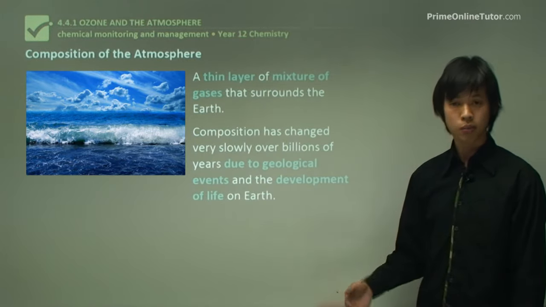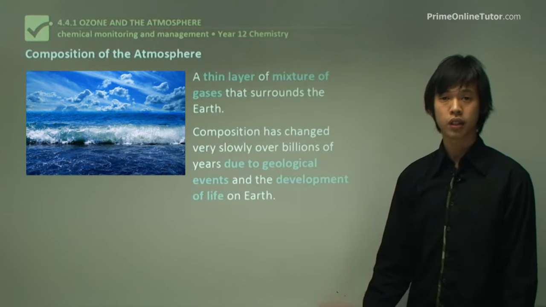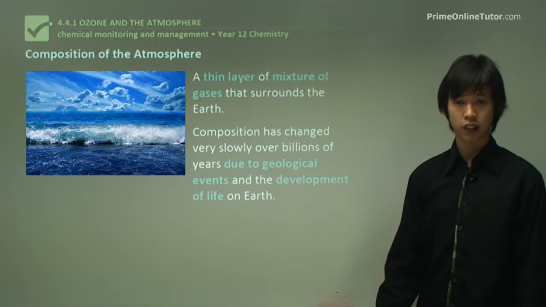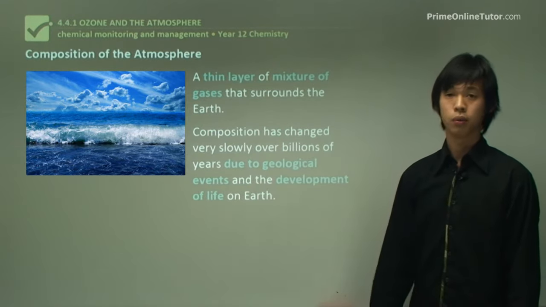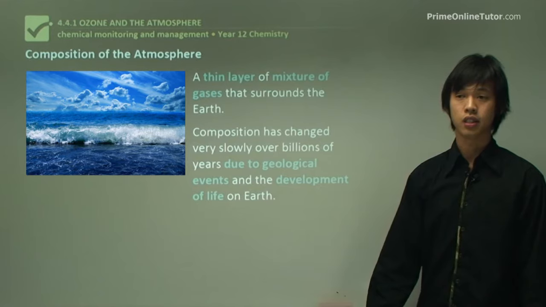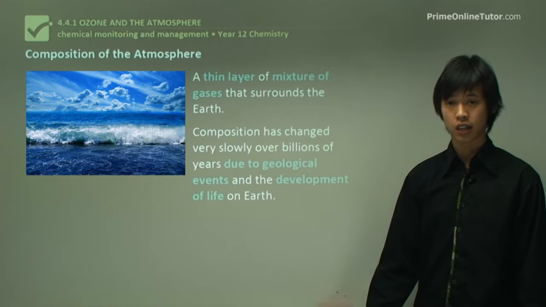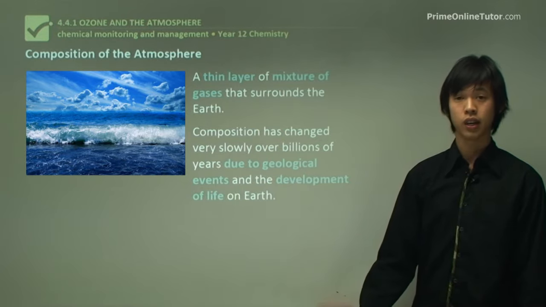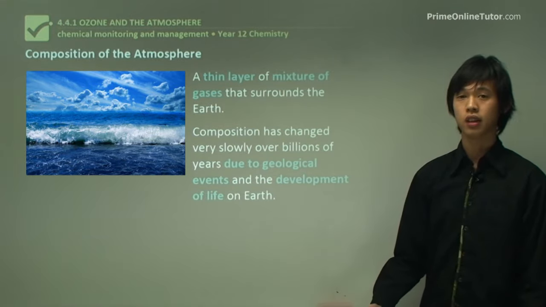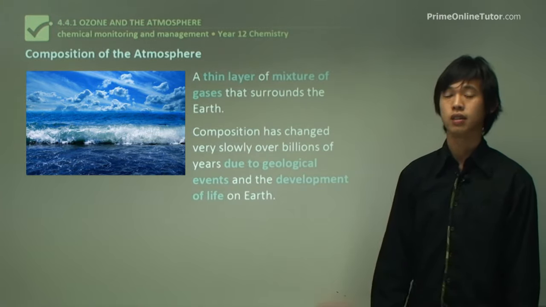So for students studying biology, you'll be familiar with how as life developed over the last 2 billion years, the atmosphere has also developed with it. So with the production of photosynthesis as a metabolic pathway, as well as the evolution of respiration, we've seen the Earth's atmosphere gradually change over the last 2 billion years.